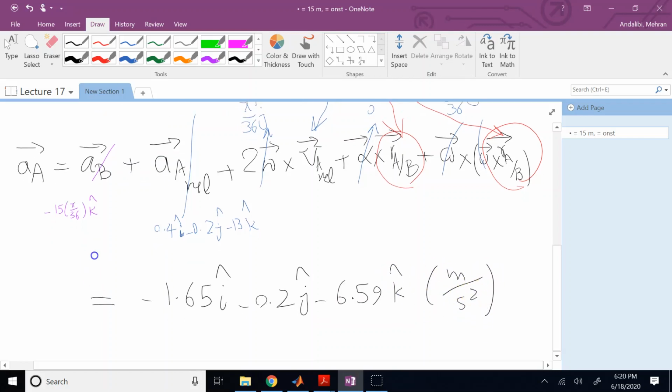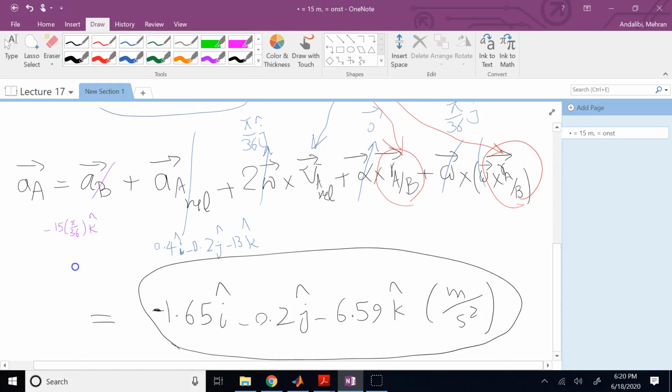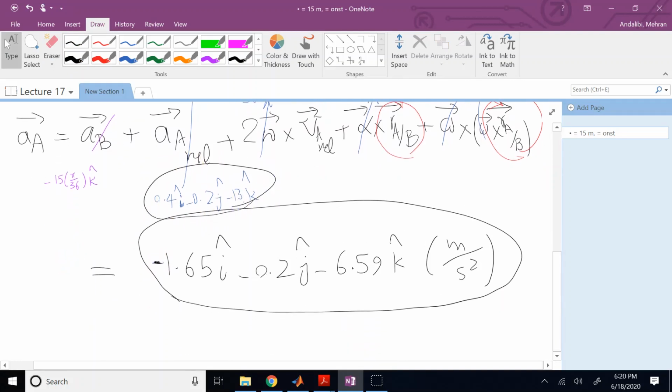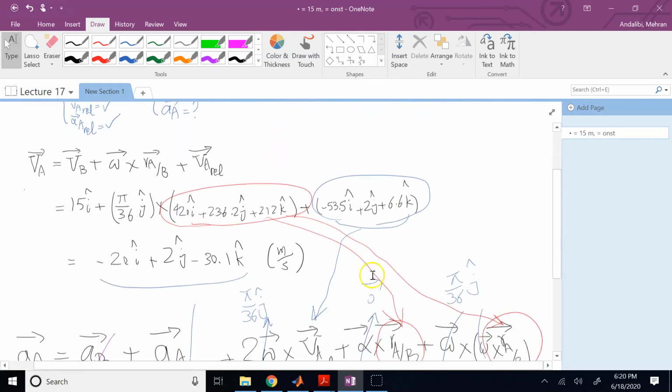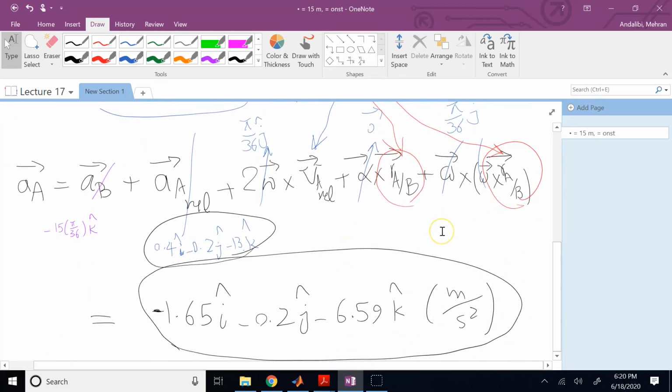And clearly, again, you see this number, the acceleration of helicopter with respect to the ground, is different from what the radar measures, which is this number. You see, they are quite different except for the j components. And why is j component not touched? Because the rotation of this ship is happening about j component, so that component is not touched when you carry out the cross products. But everything else will be touched.